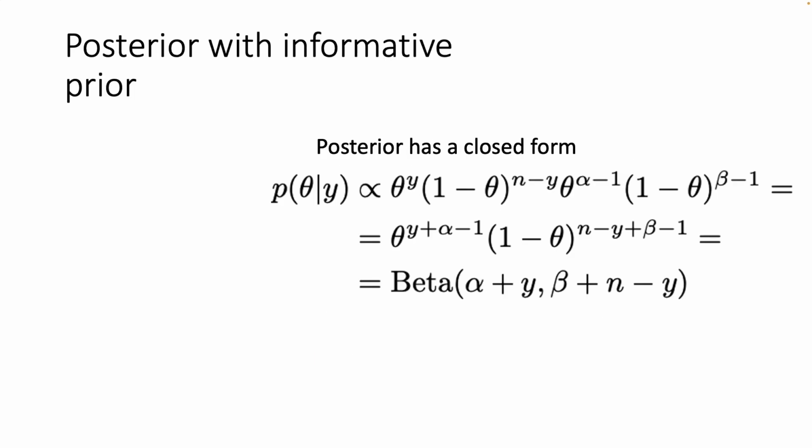This is in a way a very advantageous situation because this posterior has a closed form. By multiplying two beta distributions with the same parameter theta, we get a beta distribution with just a sum of coefficients. So using this form, we get the beta distribution with parameters alpha plus y and beta plus n minus y.